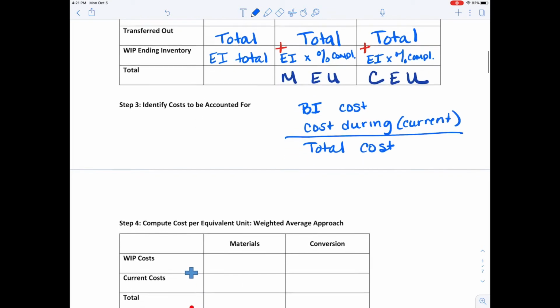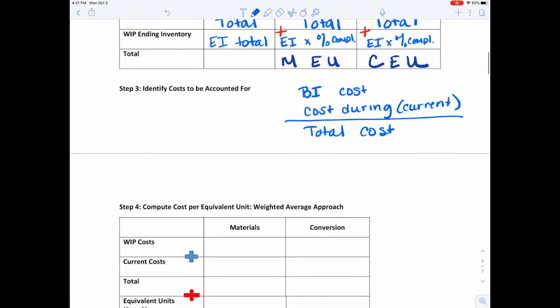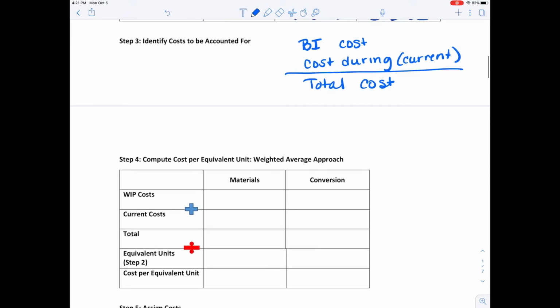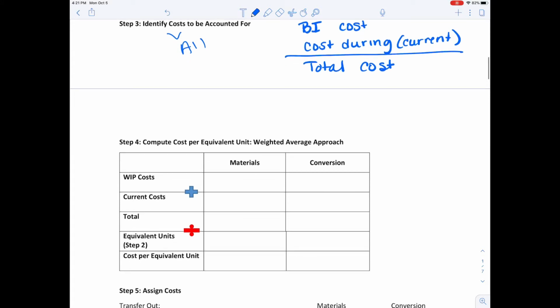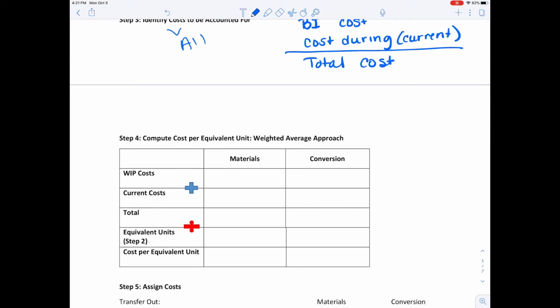Step 4 then is to find out what is that cost per equivalent unit. We're going to add in, just like we did before, find that total cost, but they might be different for materials and conversion. Whereas in step 3, we're just identifying all of those costs to be accounted for so that we can trace back to this, in step 4, we're really pulling that apart.